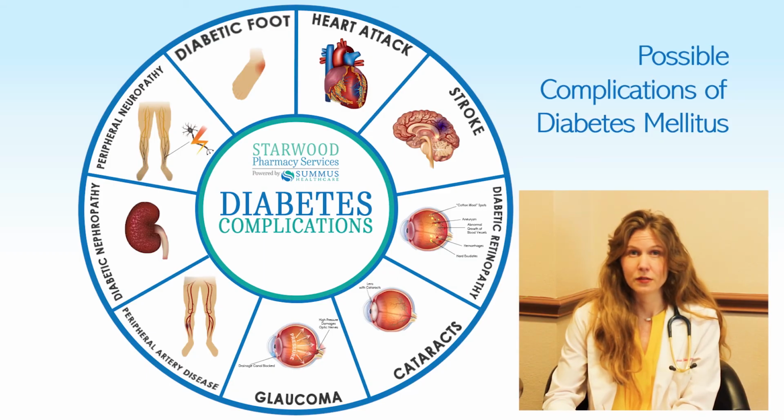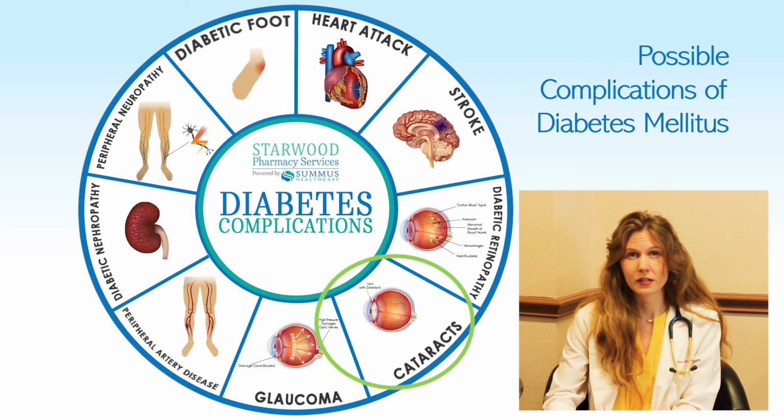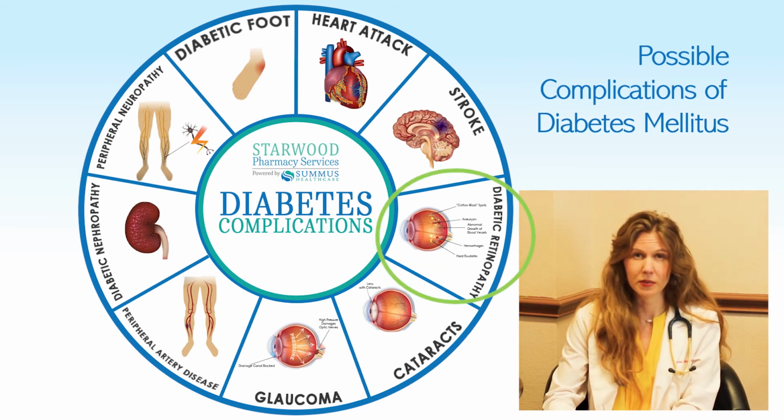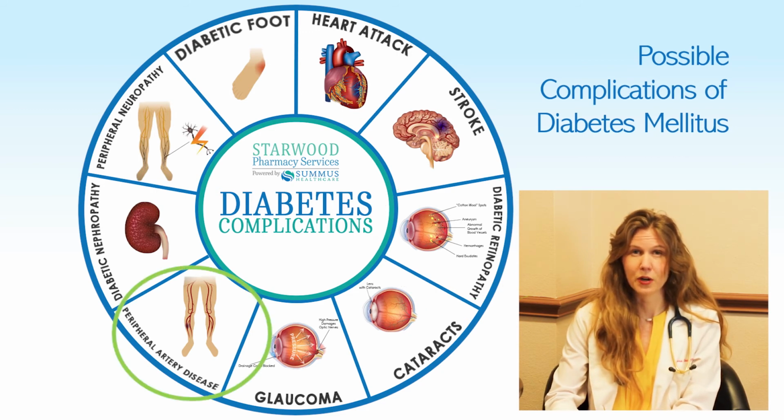The complications of type 2 diabetes are numerous. The organs that are affected include your eyes. You can develop cataracts or something known as diabetic retinopathy, which can eventually lead to blindness. You can also develop peripheral arterial disease, which is where the arteries in your legs become blocked. Blood does not circulate the way that it should, and you can even have symptoms such as cramping in your legs.